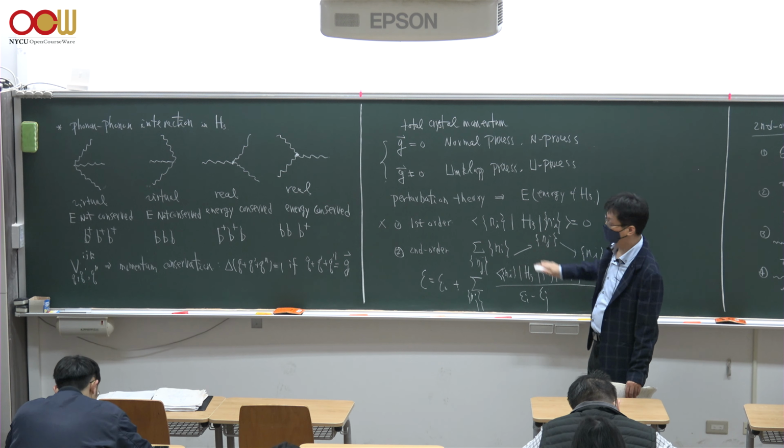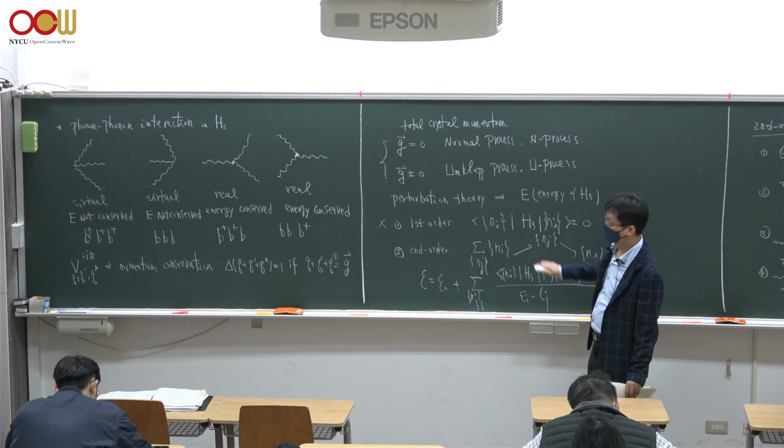So in either case you change the phonon number, and therefore the occupation number in the final state would not be the same as in the initial state. And from the orthogonality condition, you know very well that this matrix element vanishes.